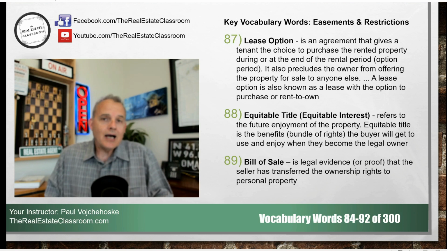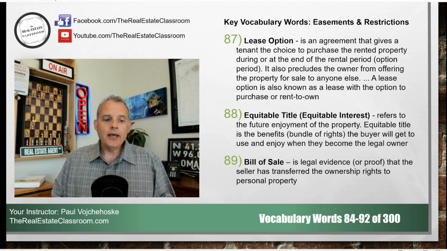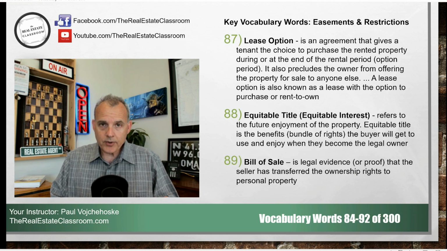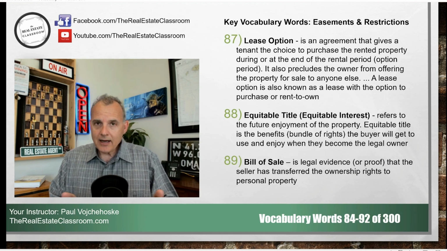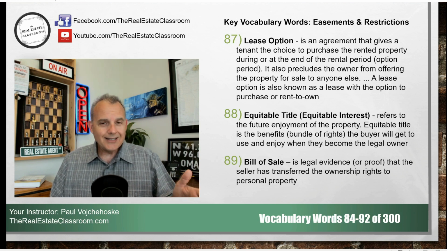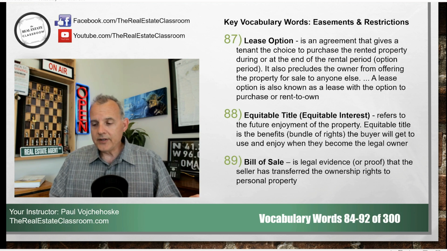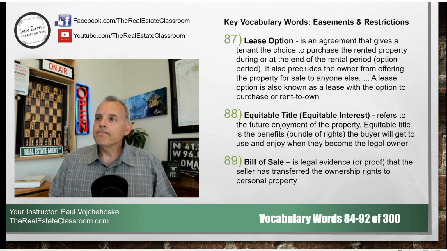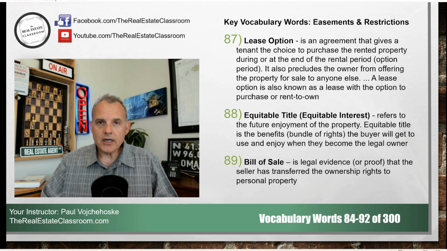So a lease option is drawn up and it allows that tenant to purchase the property within an option period, a time period. So in this case, 3 or 4 months. And then during or at the end of that 3 or 4 month period that's indicated in the lease option, the tenant can convert that into a purchase contract and purchase the property.